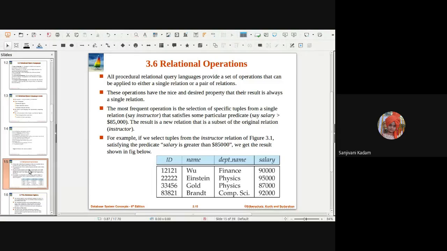So the main thing we should remember is that whatever data we are retrieving will be returned to us as a relation only.